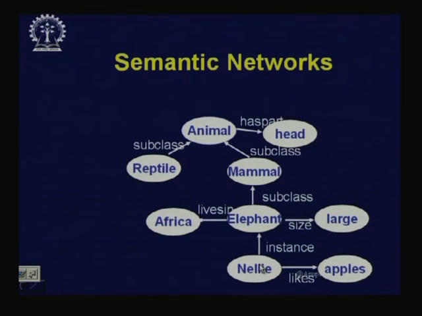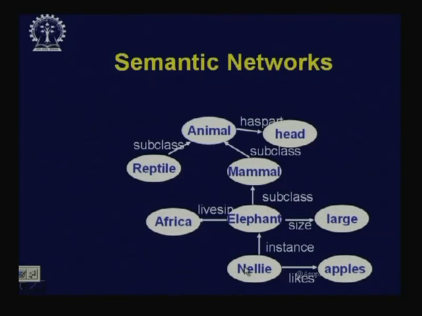And now look over here, Nelly is an instance of elephant. So, Nelly is a particular elephant, just like Fido was a particular dog. Now, if we say is a for all of these, then there is a problem. That is why we need to specify it a little bit.